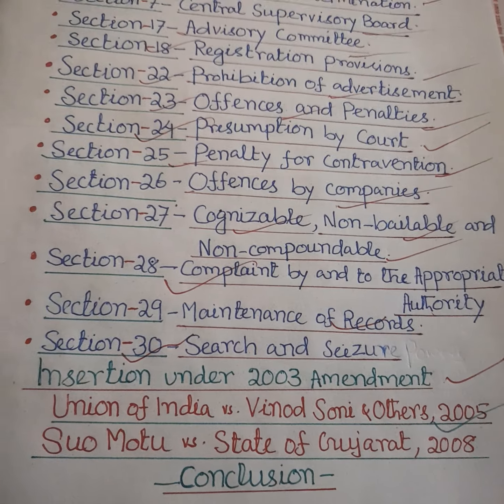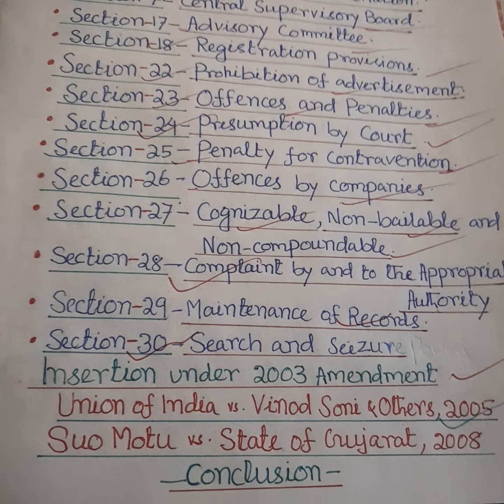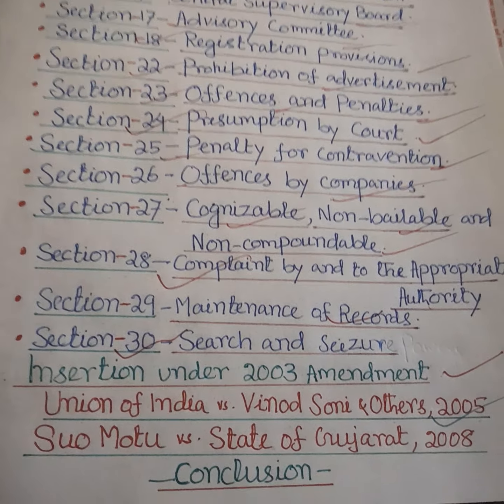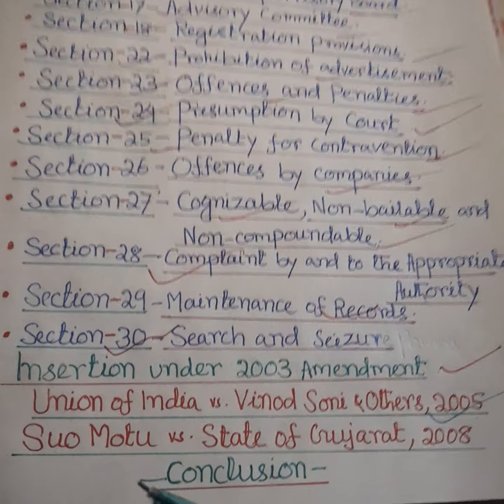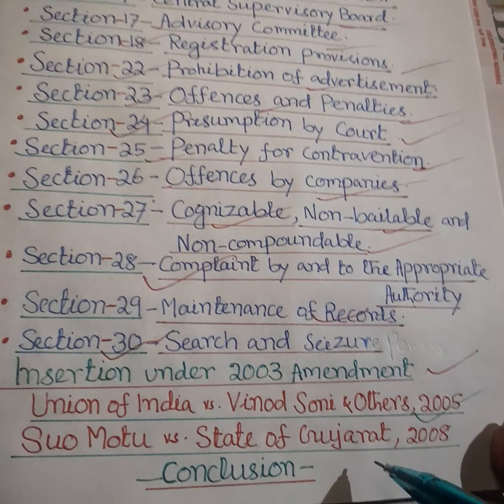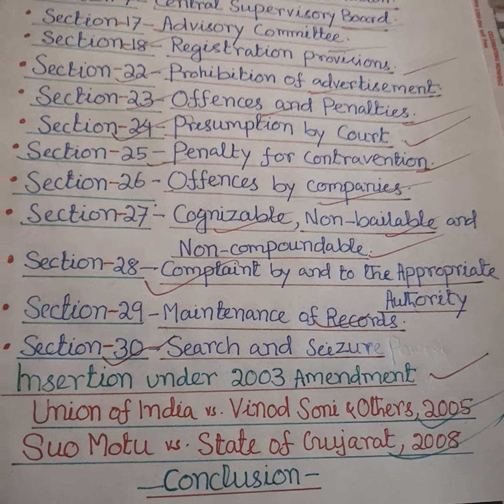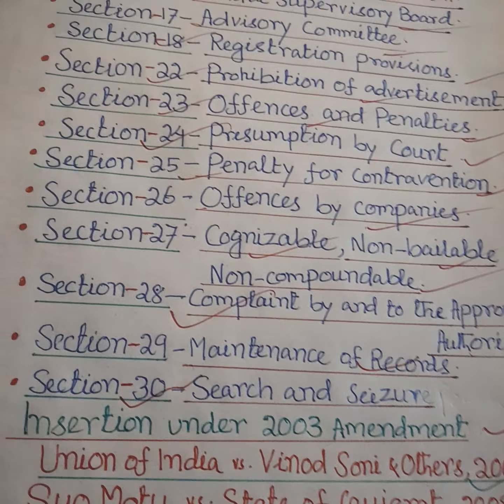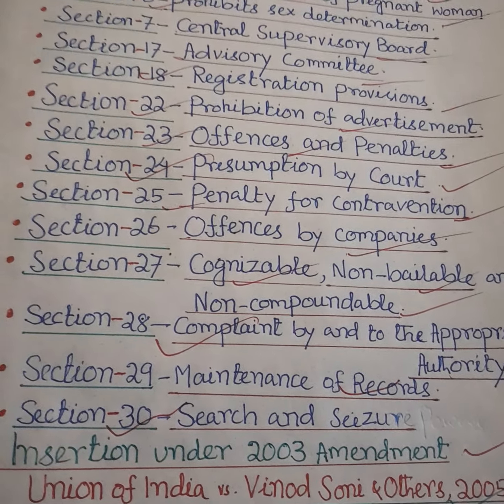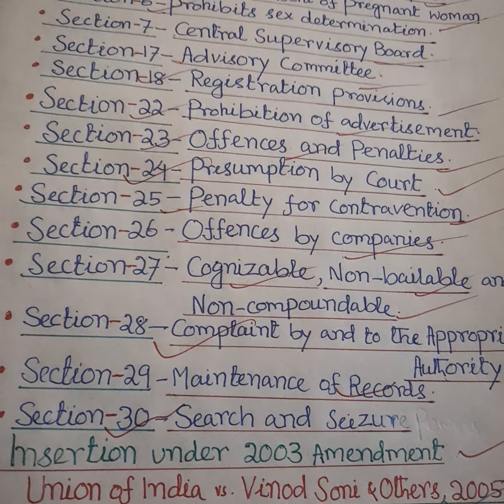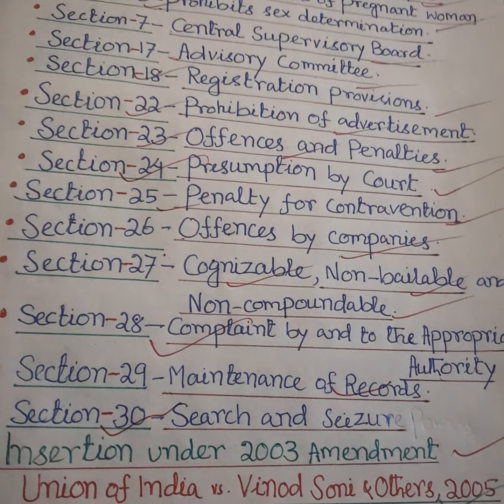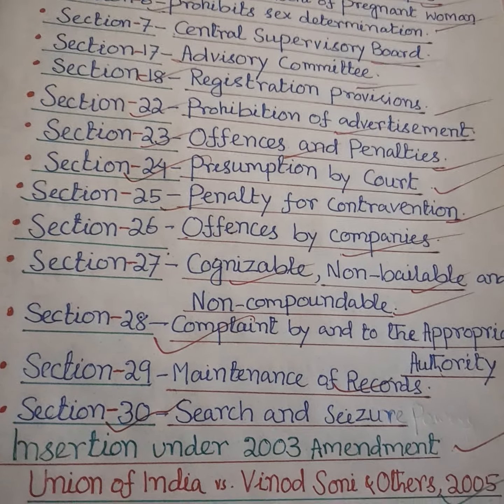And now we will discuss another landmark judgment, which is Suo Motu taken by the court, Suo Motu versus State of Gujarat in 2008, and in particular the following issues were raised in this case for consideration.